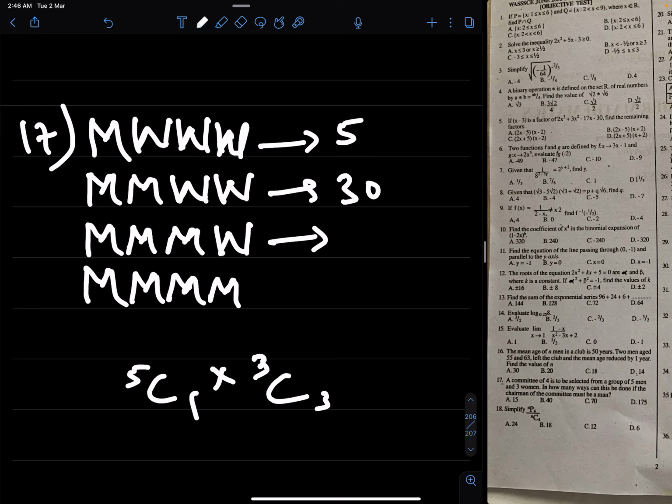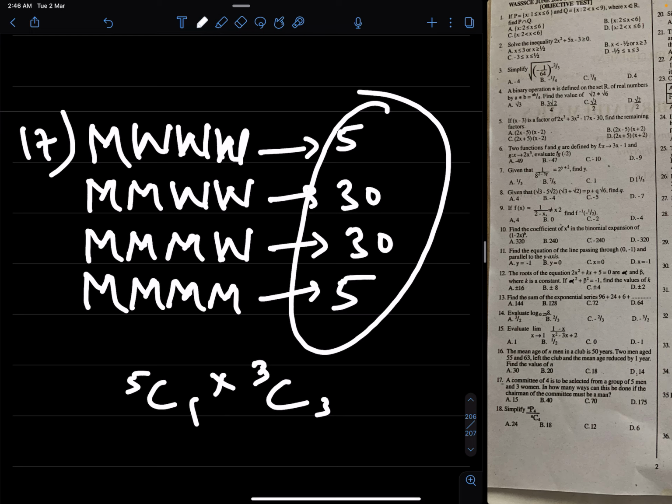Three men and 1 woman is 5 combination 3 times 3 combination 1, which is 30. And 4 men is 5 combination 4, which is 5.